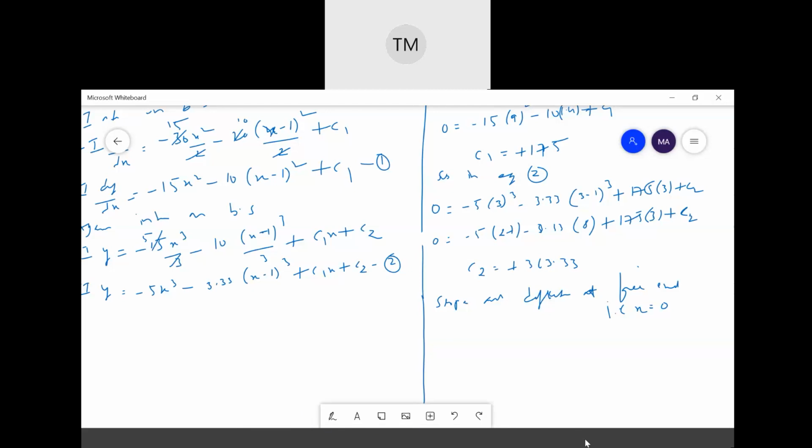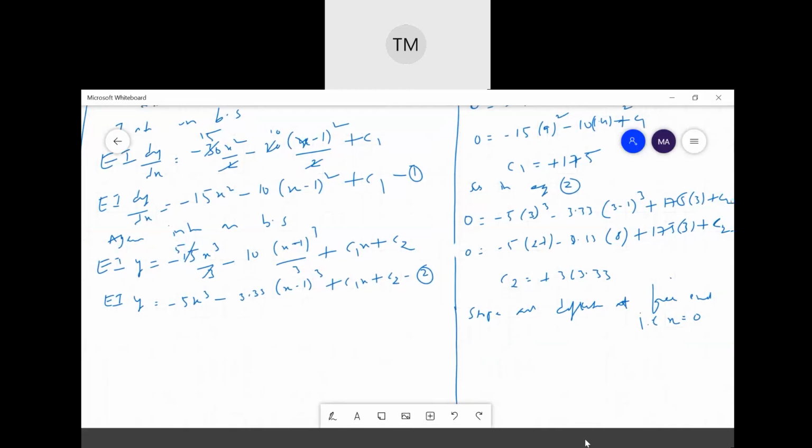When you substitute those values in this equation, already you have a slope equation. If you substitute x as 0, this term will become 0, this term 0 minus 1. Listen carefully. Whenever you are solving a problem like this, 0 minus 1 means minus 1 whole cube. First you consider the slope equation.